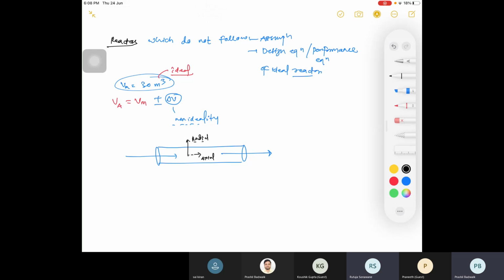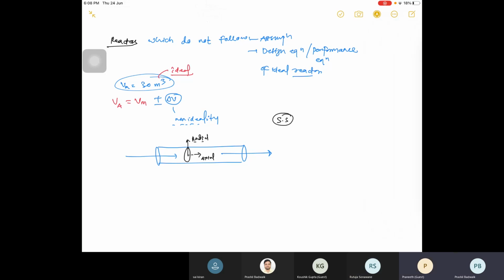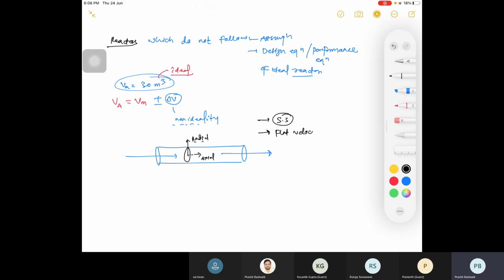Steady state, we assume. Then velocity constant, or flat velocity profile you can say. In case of flat velocity profile, each and every molecule will have the same velocity at a cross section. At a cross section means this cross section.